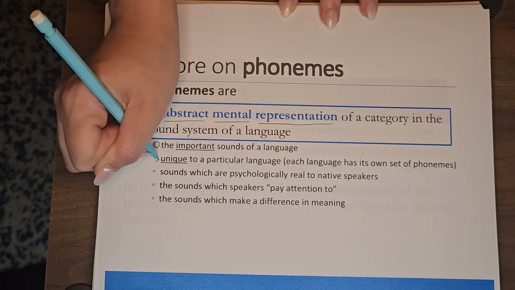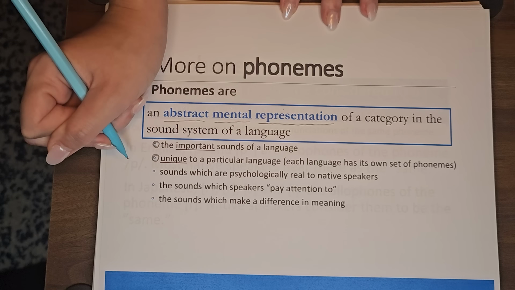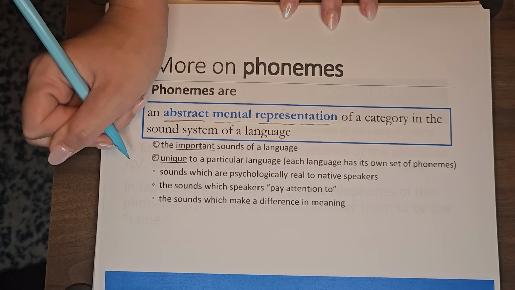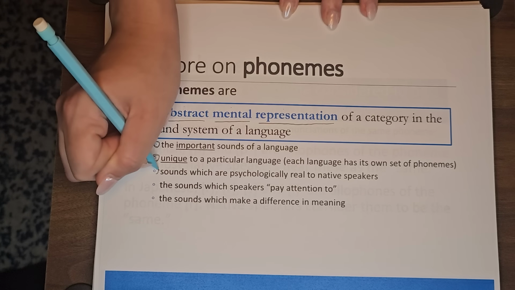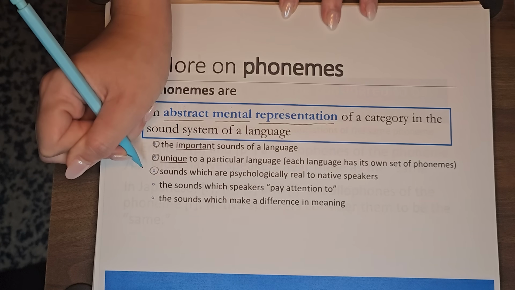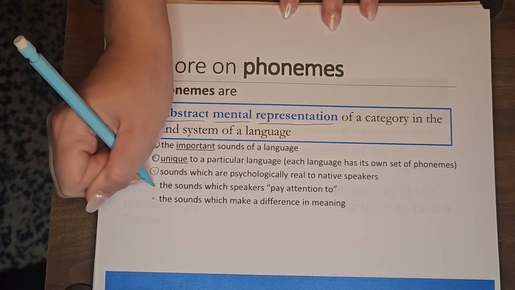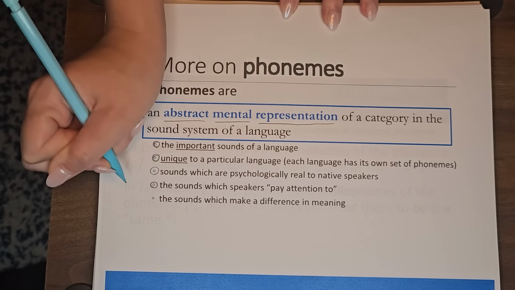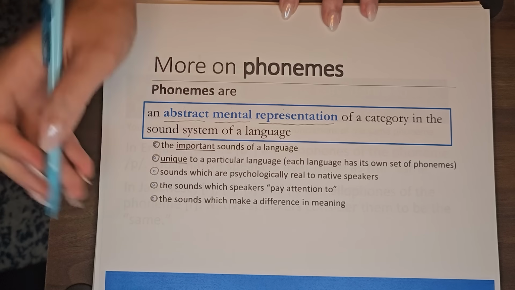They are unique to a particular language, so a sound that is phonemic in one language may not be phonemic in another language. They are sounds which are psychologically real to native speakers. They are the sounds that we pay attention to, and the sounds which make a difference in meaning.